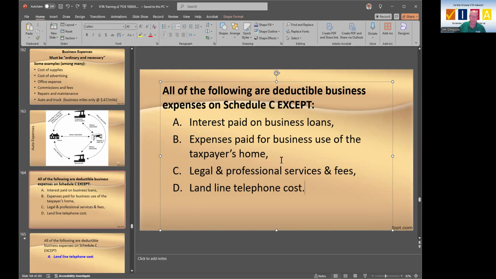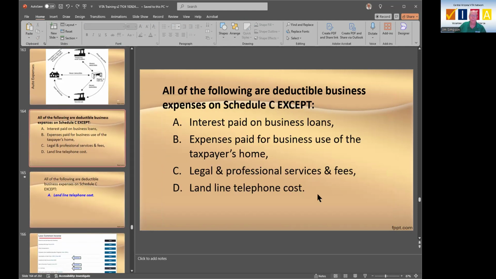But on the other hand, if you had a tax preparer prepare your return and part of it was for Schedule C, that would be deductible. So kind of ignore this one. A landline telephone cost is only deductible if it's the second landline into your home used exclusively for business. Even though you use the first landline 80% for business, it is never deductible.